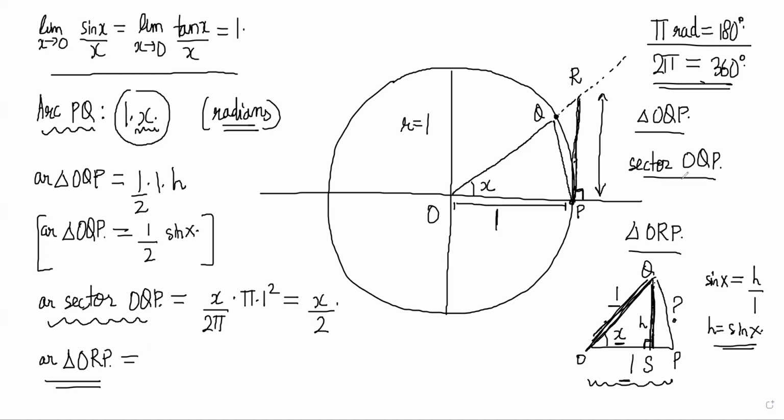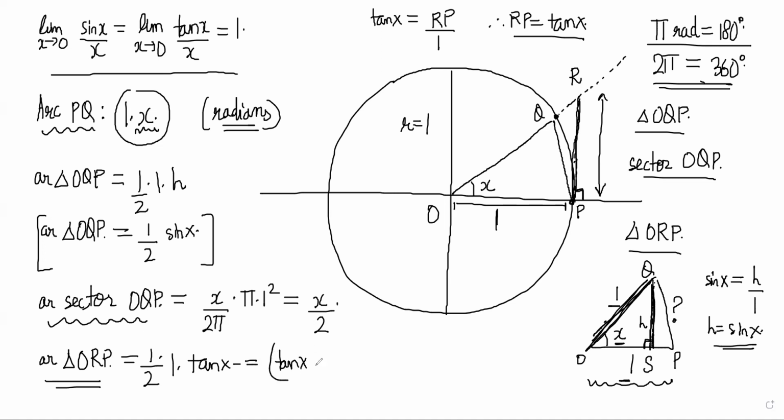So extend it, so think tan of x. Tan x is equal to RP by 1, right? Yes. Therefore, RP is equal to tan x. So area of the triangle is half into 1 into tan x, right? Yes, sir. So basically you are getting tan x by 2, correct?